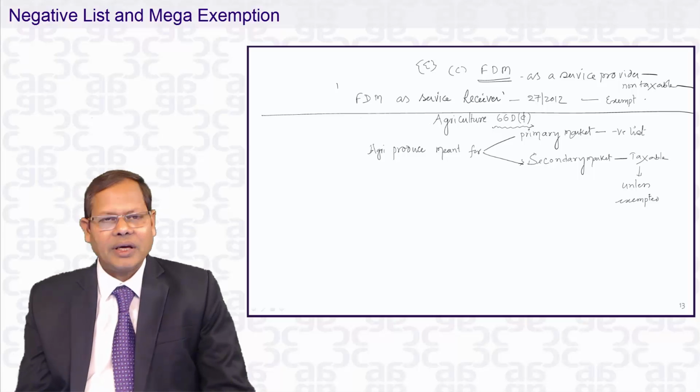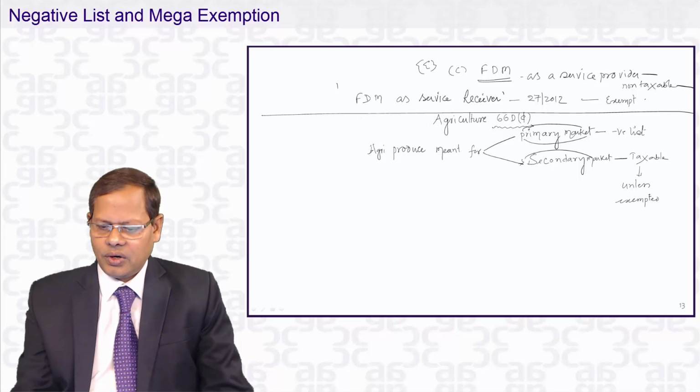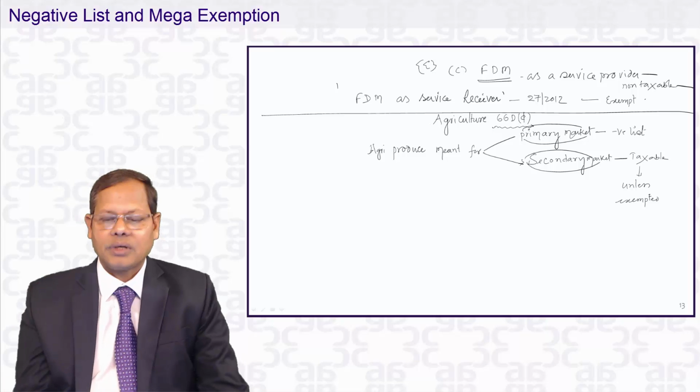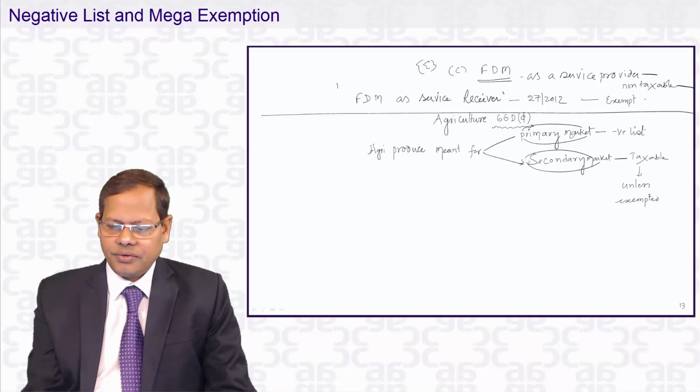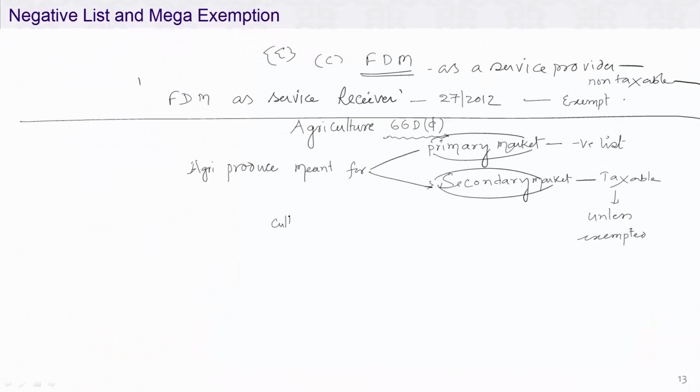Now the question may arise, what is the primary market? What is the secondary market? This you have to understand. There is a concept. Say for example, a cultivator or agriculturist, there are 2-3 tests.